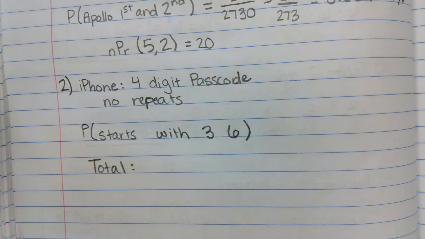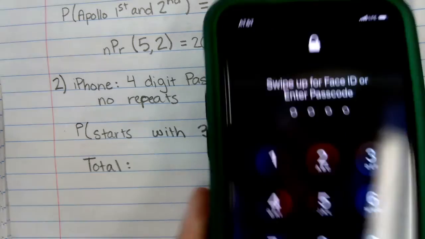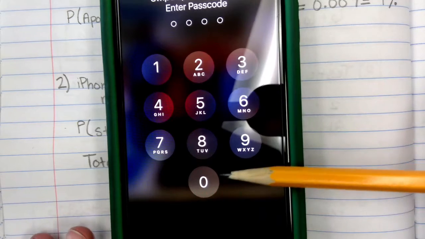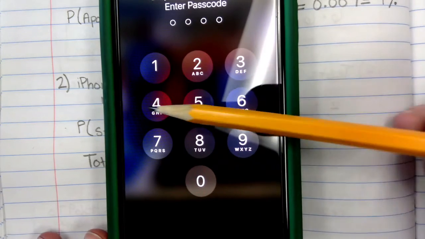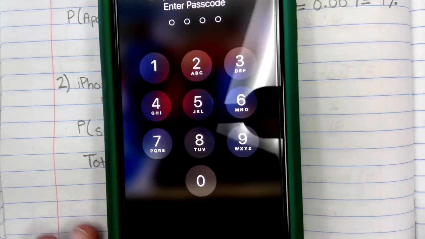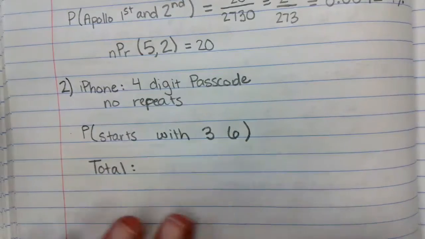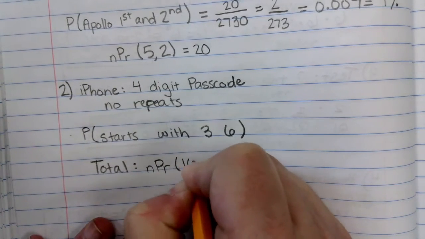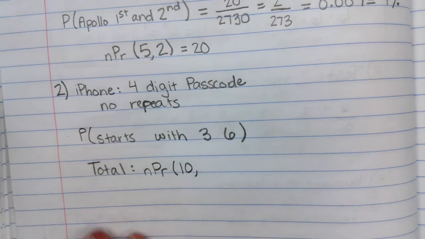So we're going to do a 10. And how many are we picking for our passcode? 4. So for our total, we're just thinking how many total passcodes could we do? Okay, so in our function, we'll go to that NPR, 10, 4, and we get 5,040.